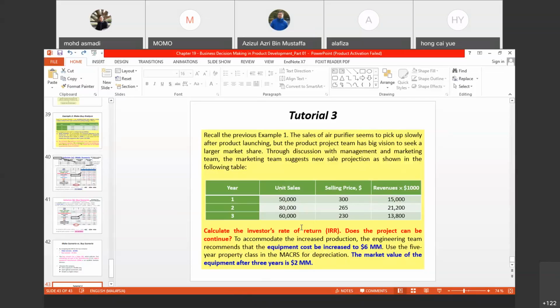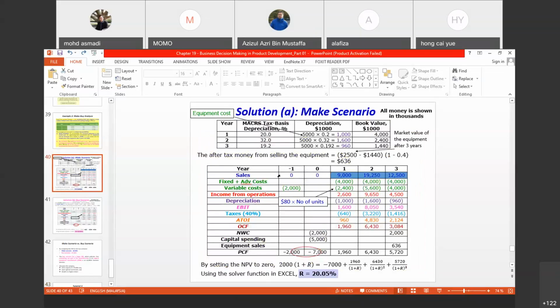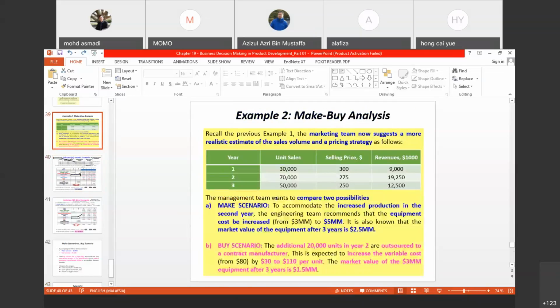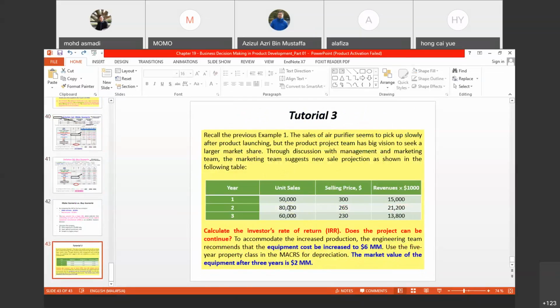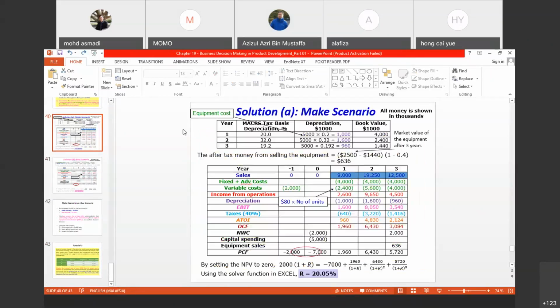There was a question earlier in the chat box: how to calculate the variable cost? If you look here, this is the number of units, the unit sales. So unit sales times $80, similar to this one.